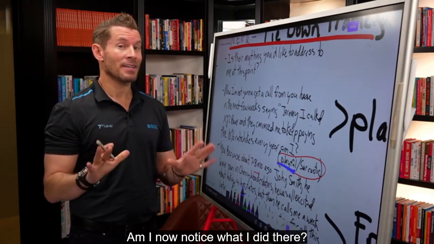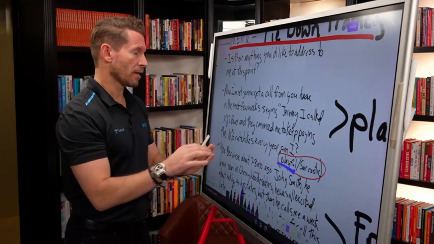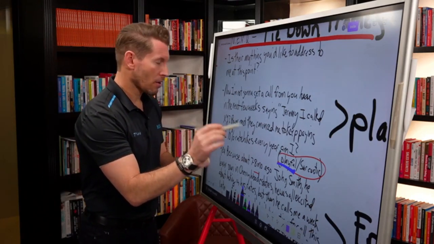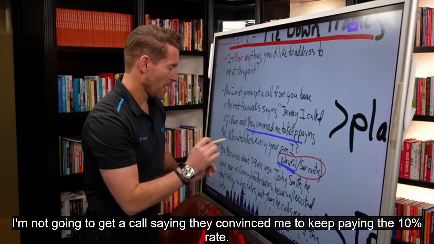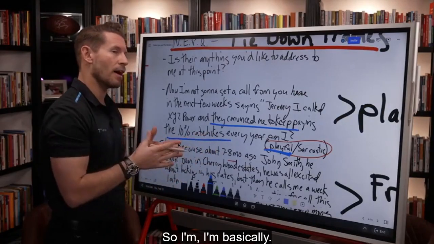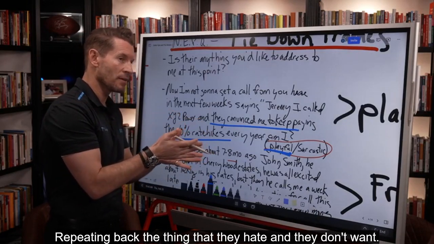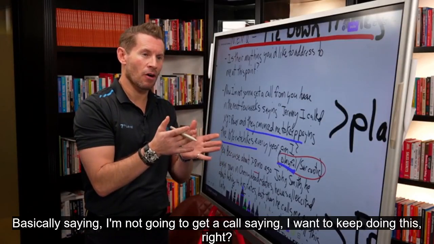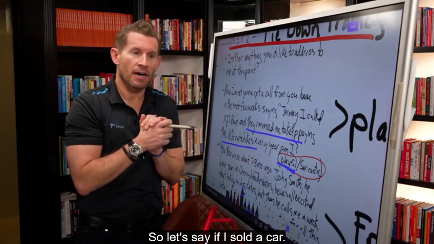Now notice what I did there. This is very nuanced here, okay? I'm not going to get a call saying they convinced me to keep paying the 10% rate hike. So I'm basically repeating back the thing that they hate and they don't want, basically saying, I'm not going to get a call saying, I want to keep doing this, right? So let's say I sold a car.